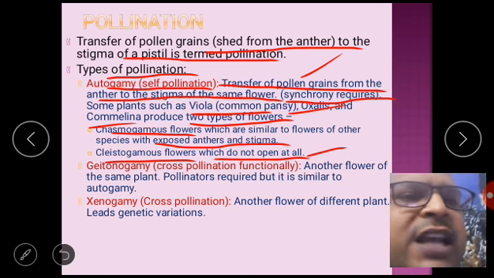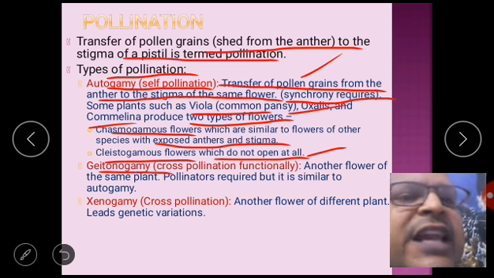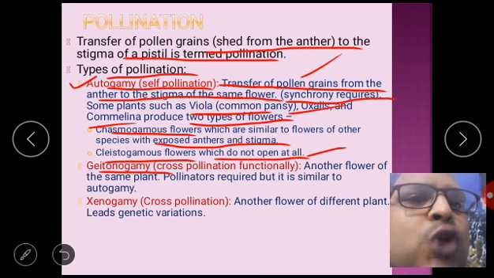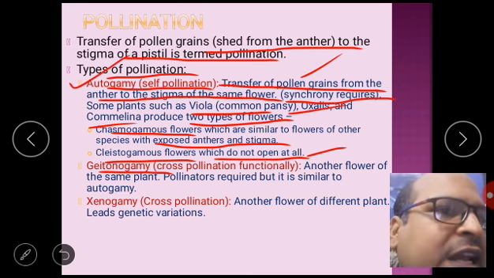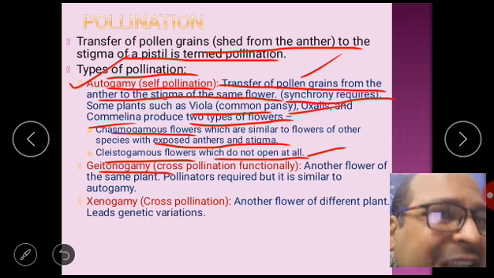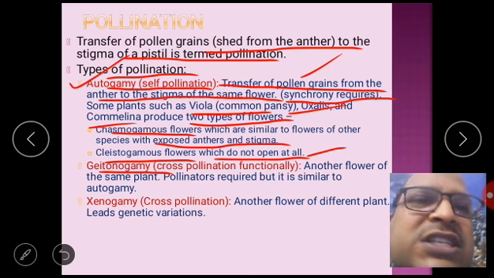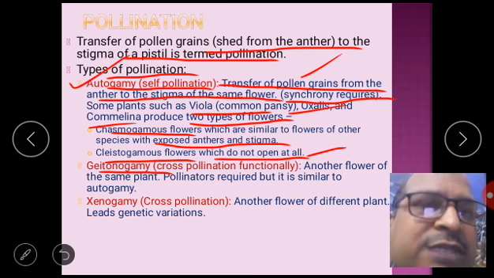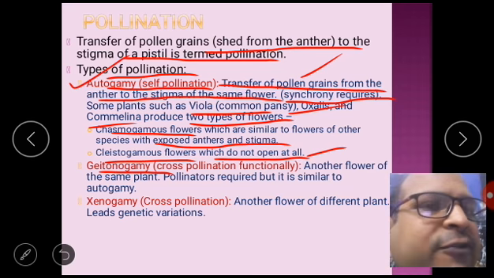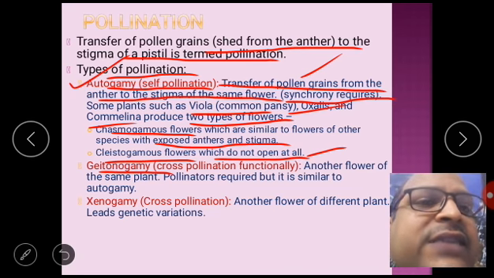Now, the second point I want to tell you is geitonogamy. In autogamy, you saw that pollen grain from the anther of the same flower is transferred to the stigma of the same flower. But in geitonogamy, the flower is different.